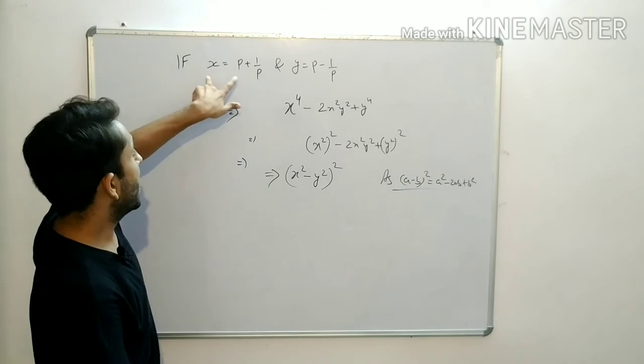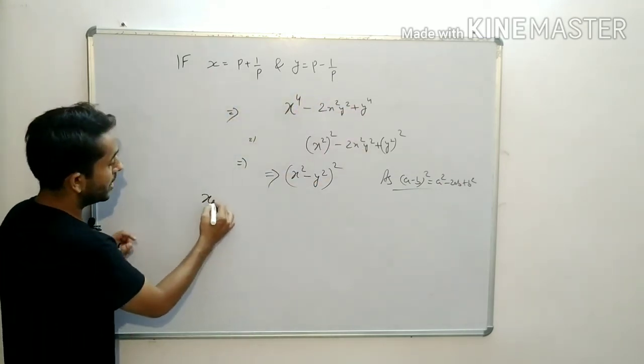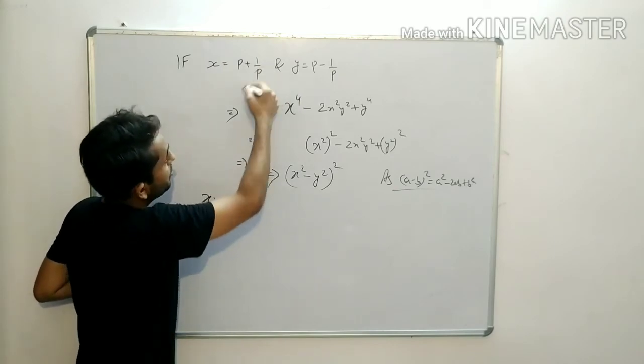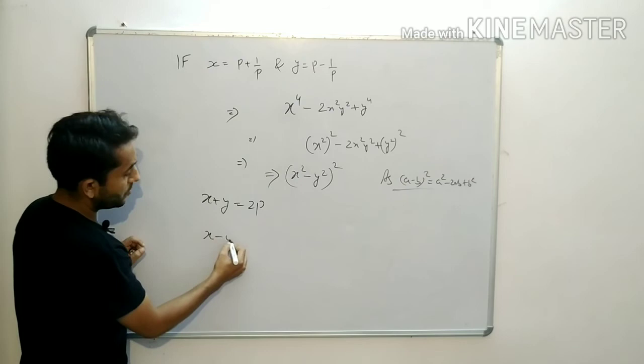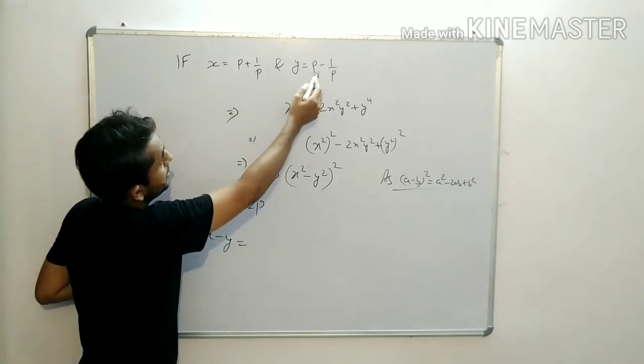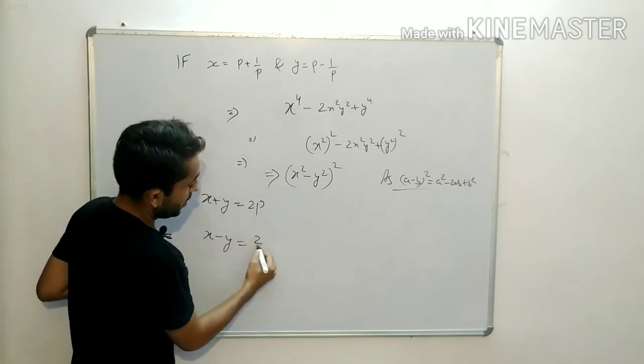So given is x equal to this and y equal to this, so x plus y becomes, 1 by p cancel out, 2p, and x minus y, again p cancel out and 2 by p.